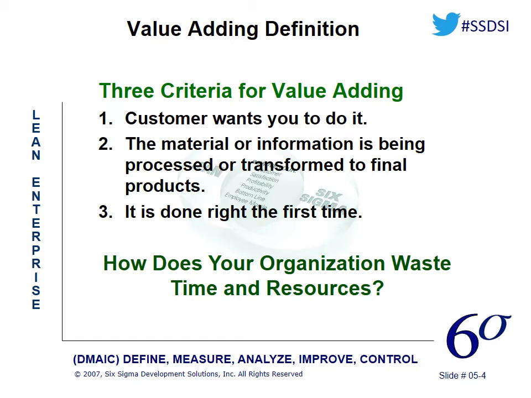And it's only adding value if you're doing that transformational step the first time. When you do it the second or third time because you're having to do it over again because of a mistake, that's not value added. The first time is when you're truly transforming. The second time is really called rework, and that costs value to the end customer.